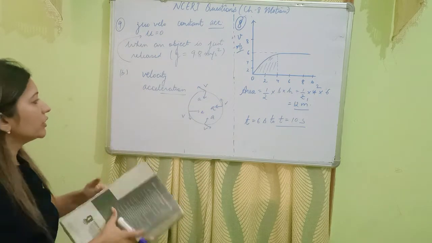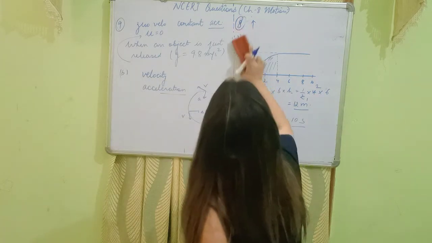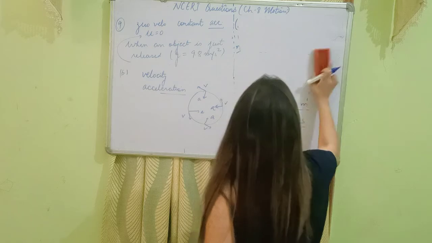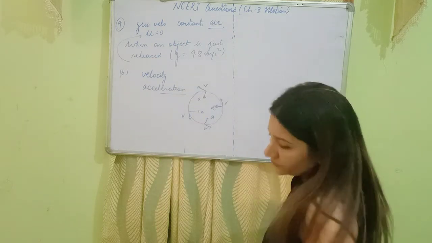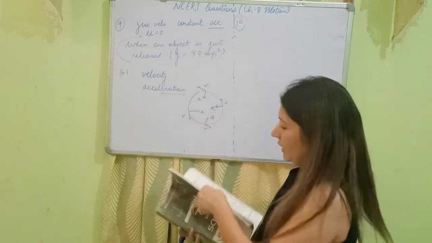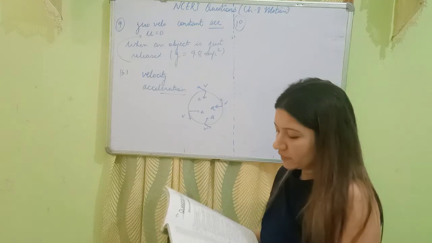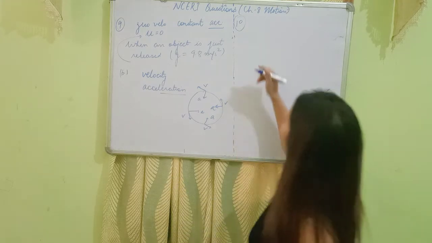Next, last question, 10th one. An artificial satellite is moving in a circular orbit of radius 42250 km.